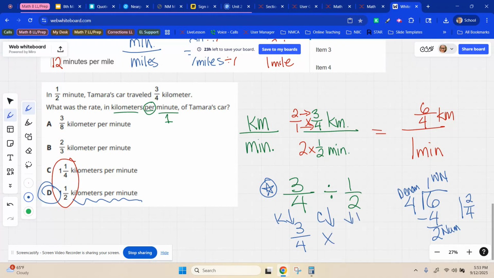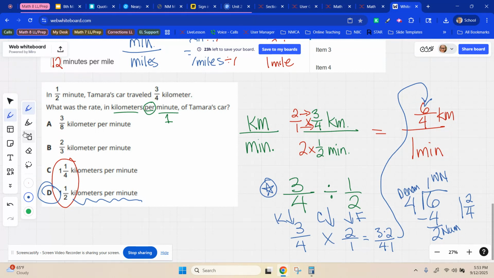And then I'm going to flip the 1/2 to be 2 over 1. And look, when I multiply straight across, I have 3 times 2 over 4 times 1. That is the same thing that I got up here by multiplying the numerator and denominator by 2. So 2 ways to do the same problem.